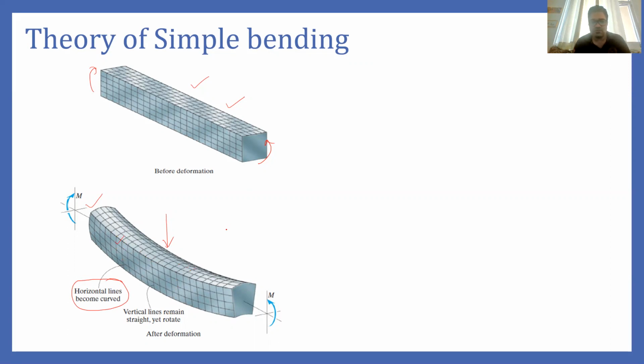So if we try to show this in case of a beam, for example this is the beam, and because of the vertical load, the bending moment will develop at the ends.